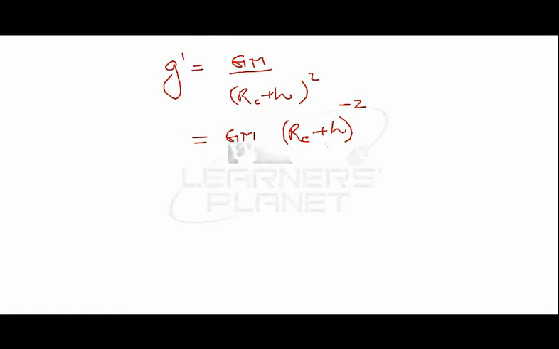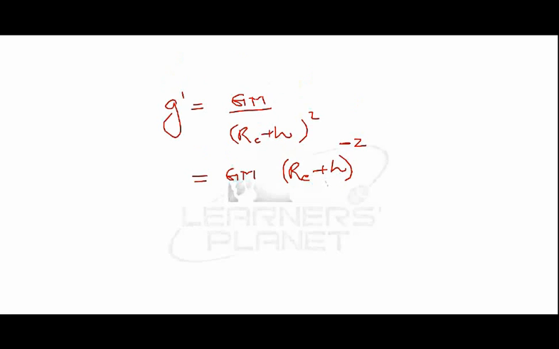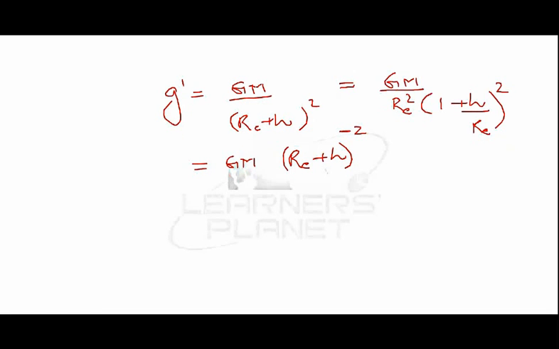Is this fine? Or basically in this equation, if we take Re out of this bracket, then we can write this as Re square into (1 plus h upon Re) whole squared. Is this clear to everyone?